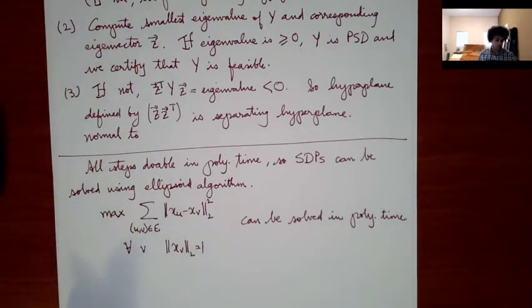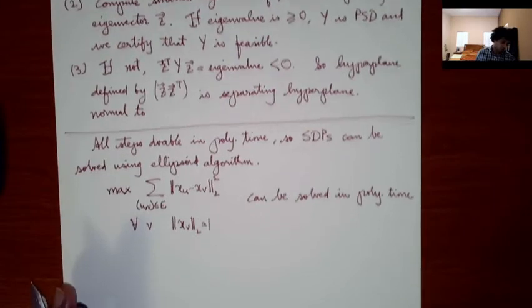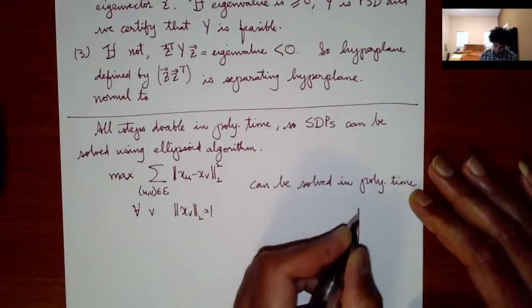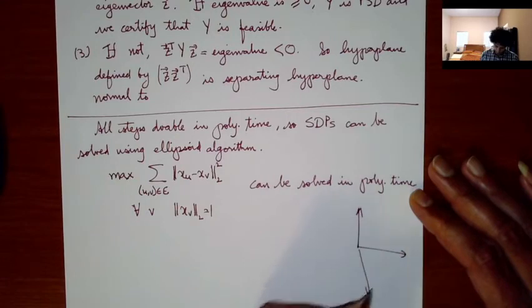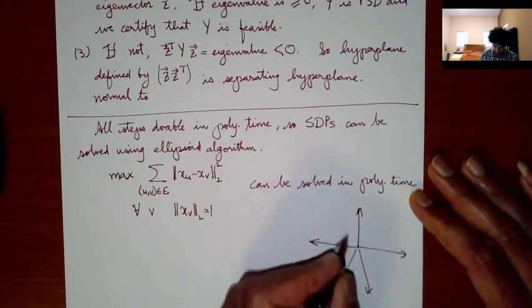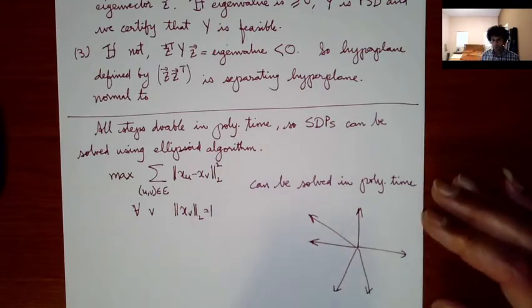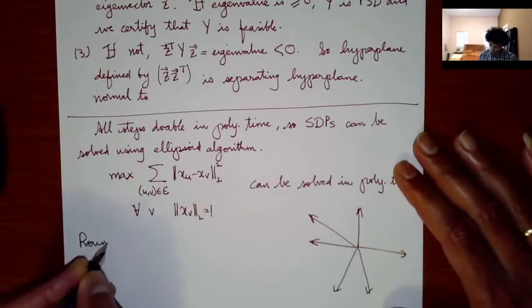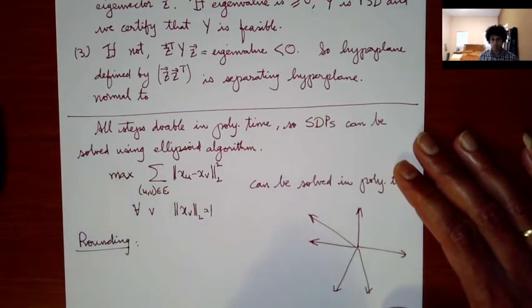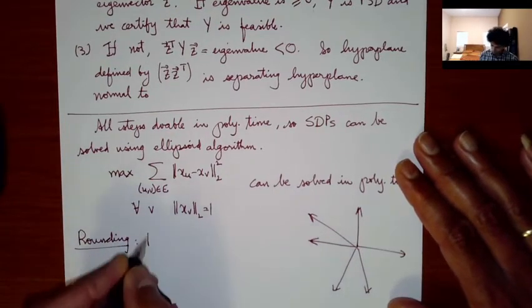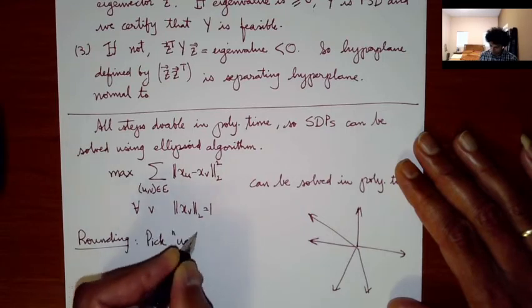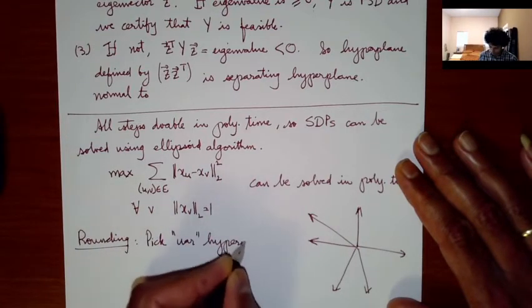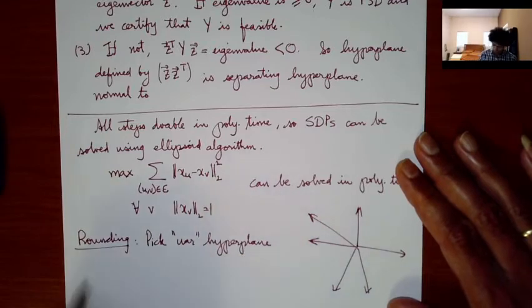So let's just say you solve this, and your solution is now some set of vectors. How do you round these vectors? So the rounding, and this is an important technique that was introduced here, was simply to pick a uniform random hyperplane to define the bipartition.